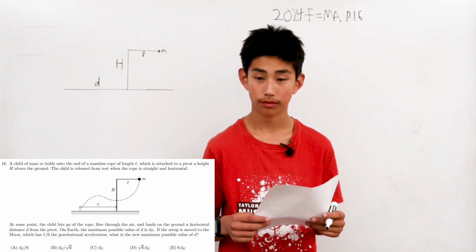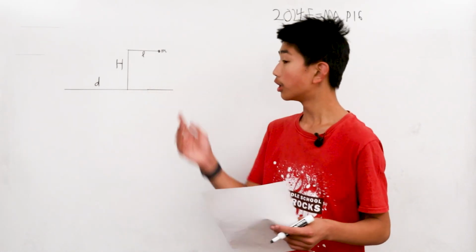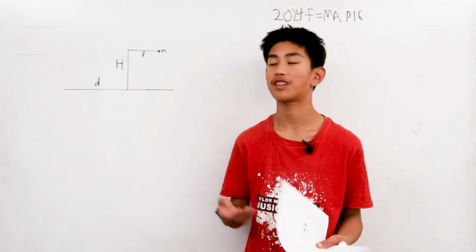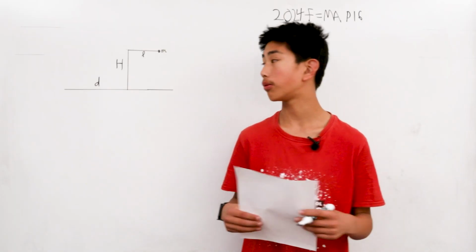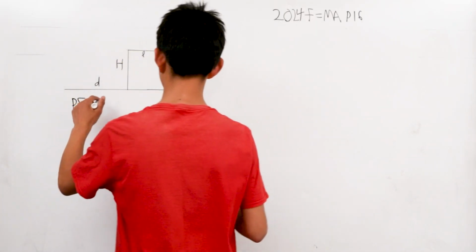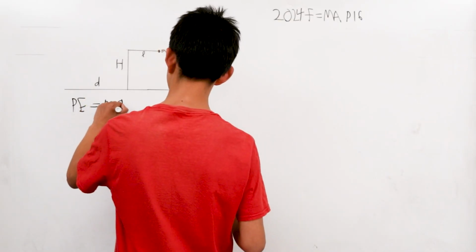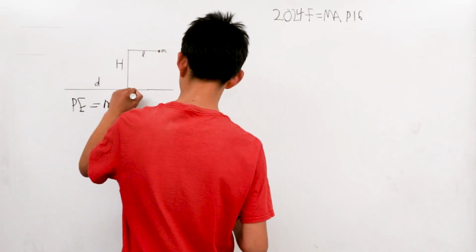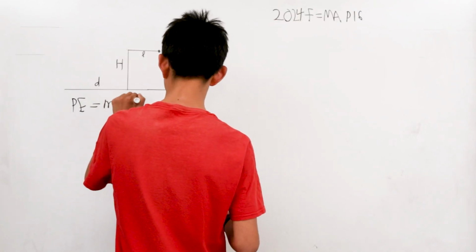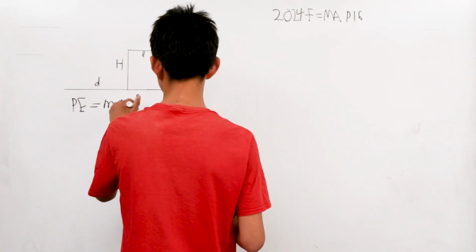Now, right here, where potential energy has the highest point, kinetic energy has the lowest point, so we can equate them like so. Potential energy is equal to m g_E times the length L of the rope. And in case you're wondering, this E stands for Earth.